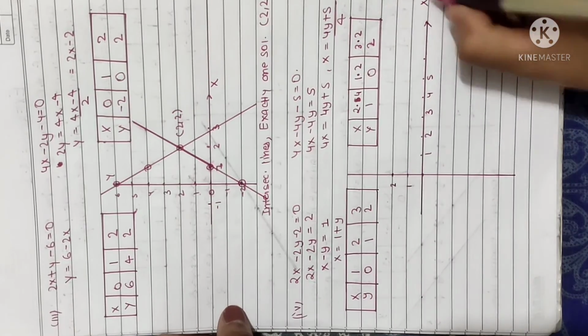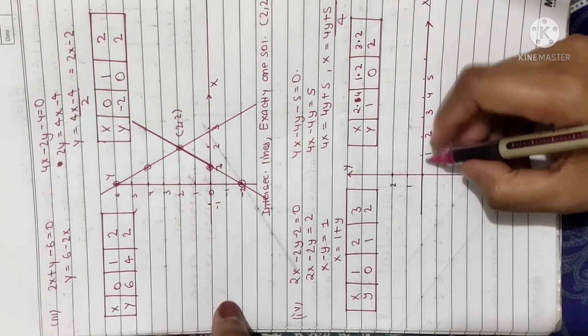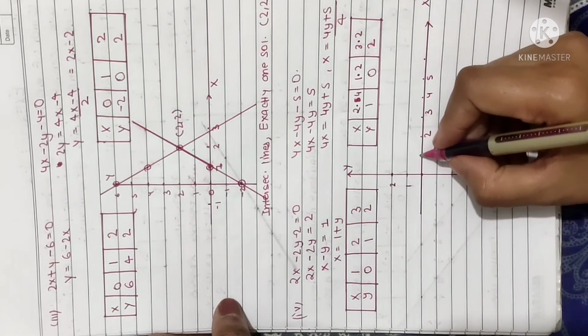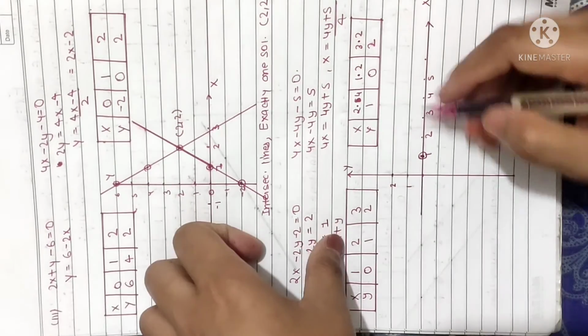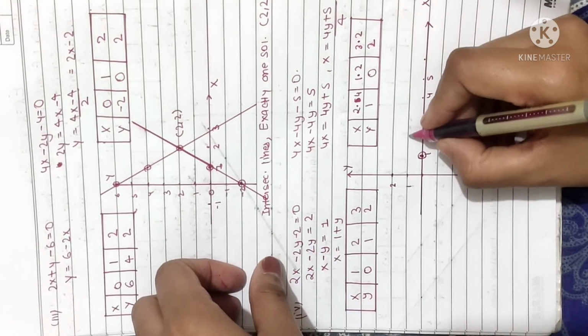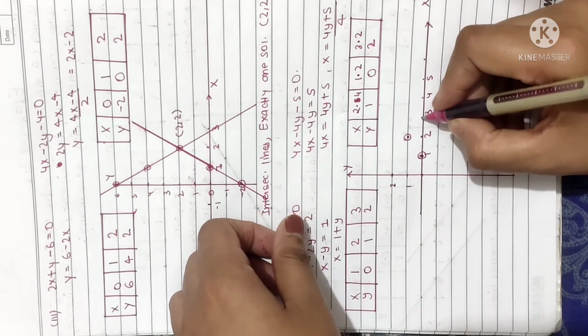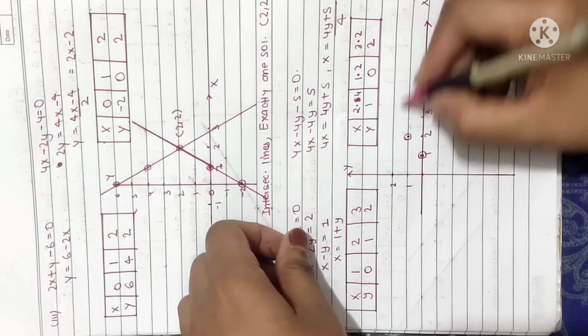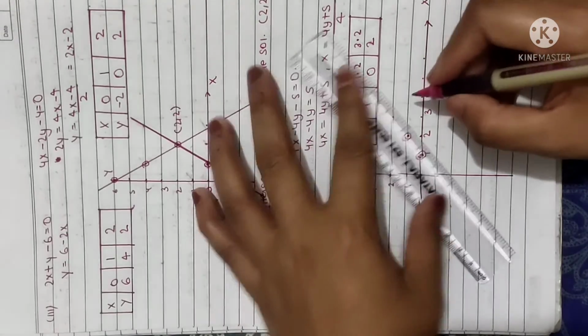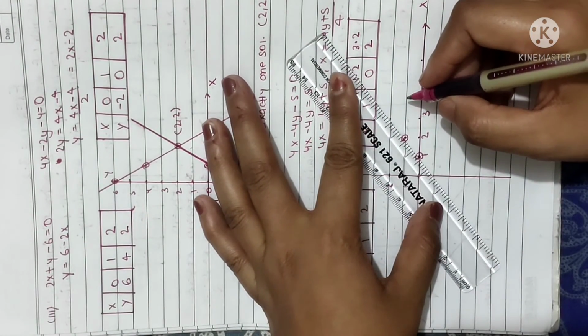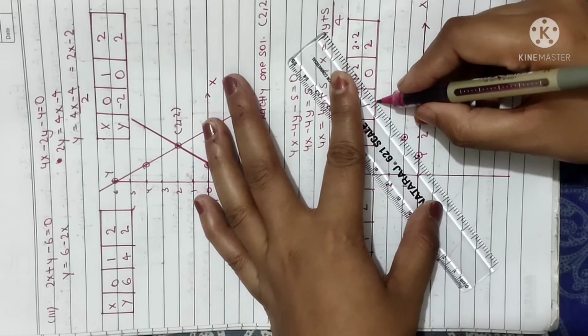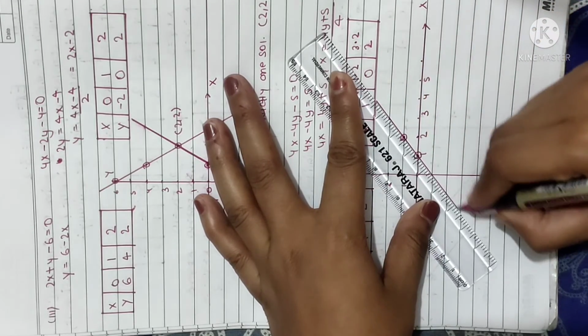This is our x-axis, this is our y-axis. When x equals 1, y is 0, so this point. When x equals 2, y is 1, this point. When x equals 3, y equals 2, this point, right? So it will be this line.